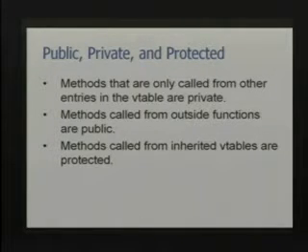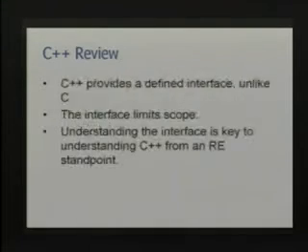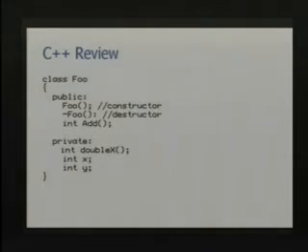And what we use cross-references for is to determine what's public, what's private, and what's protected. Looking at something like this, we know that $x can only be called from within the class of foo, right?